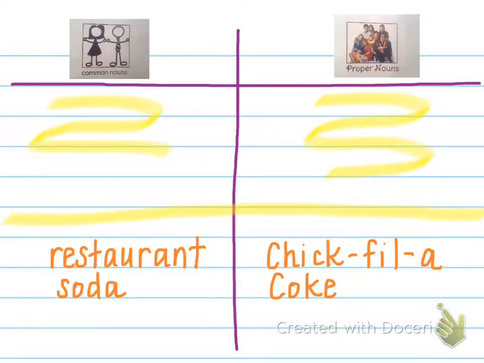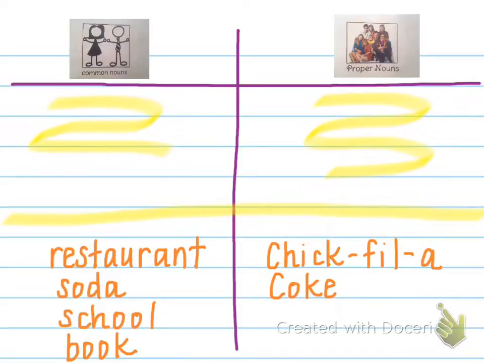Now I'm going to write down 2 more common nouns on the left side. The first one is school. The second is book.